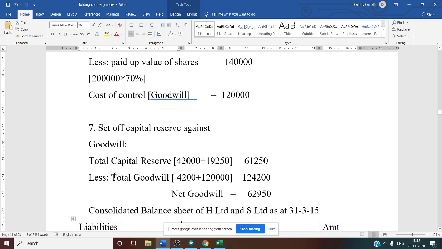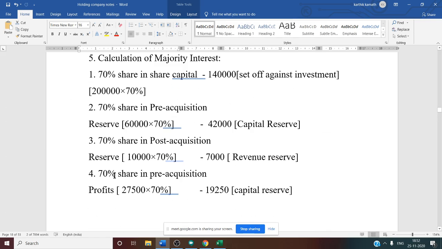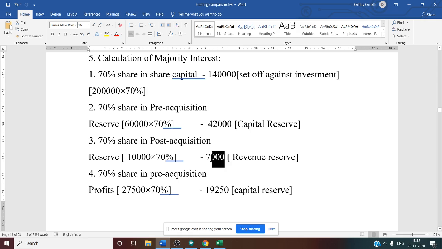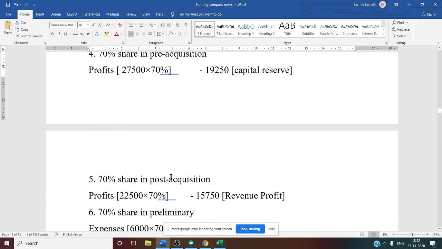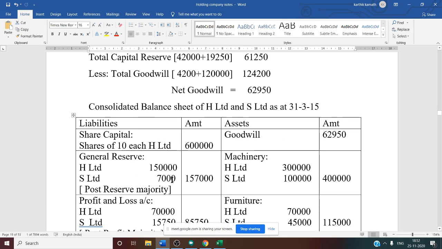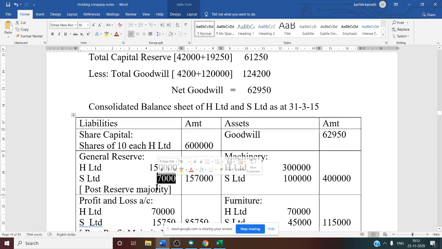Where you have written revenue reserve, see this, 7,000, that is the post acquisition reserve of majority. Post acquisition profit of the majority comes in the balance sheet. So 7,000 you have to add to the reserve under the subsidiary company column, S Limited. So 1 lakh 50,000 plus 7,000, 1 lakh 57,000 is the general reserve.